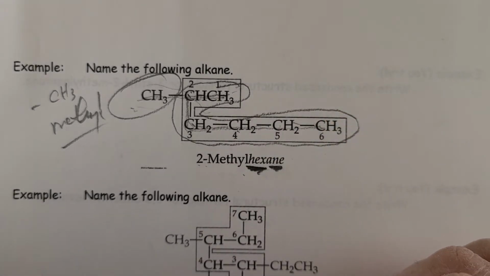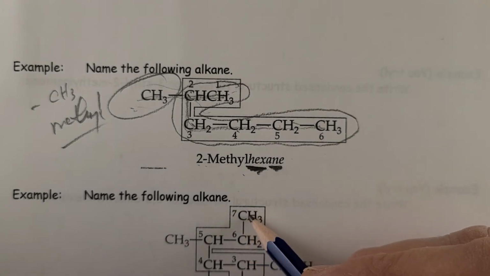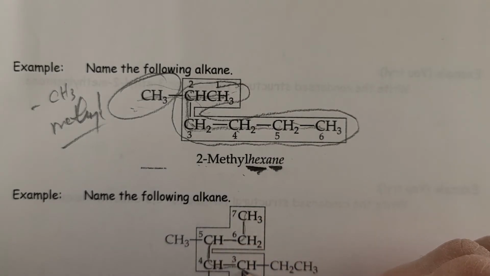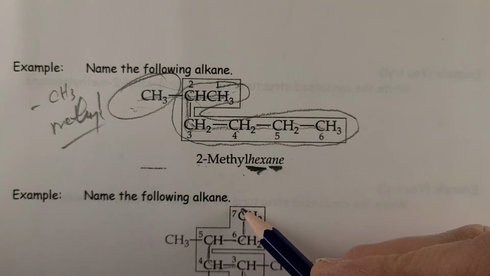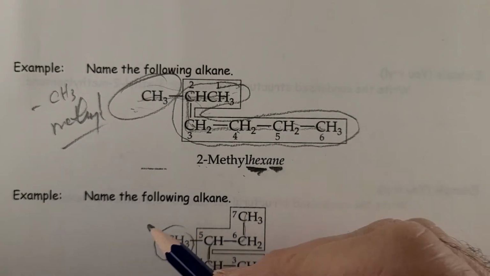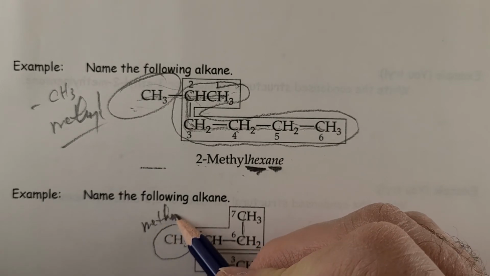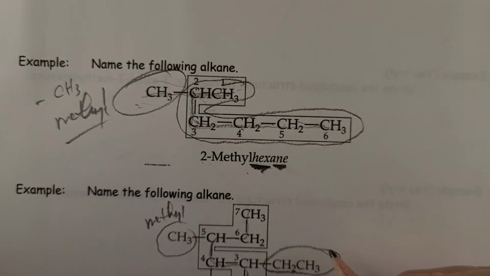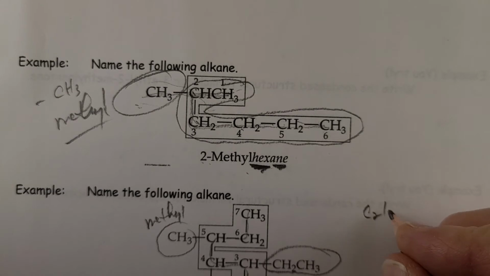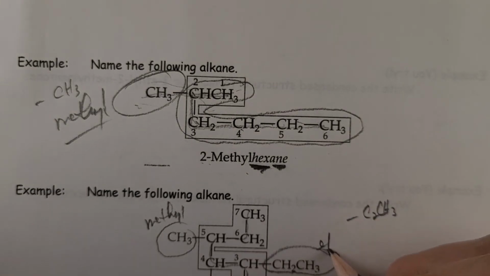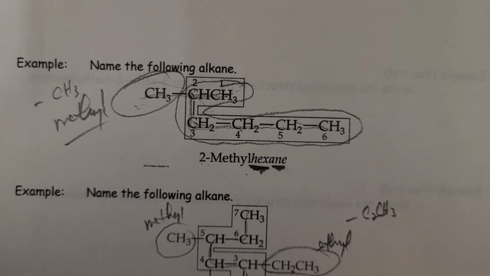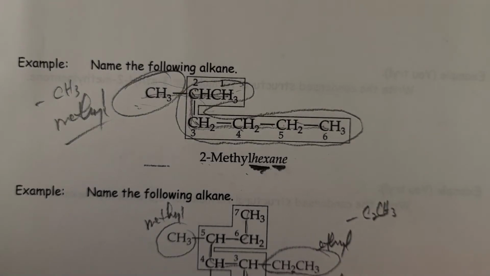This other one here is a little bit confusing. Yes, the longest chain has 7 carbons, if I number it this way. And look at my other little groups. Here I have a methyl group. Here I have, oh yes, a C2H5. Oops, that's an ethyl group. And oh, here I have a methyl group as well.